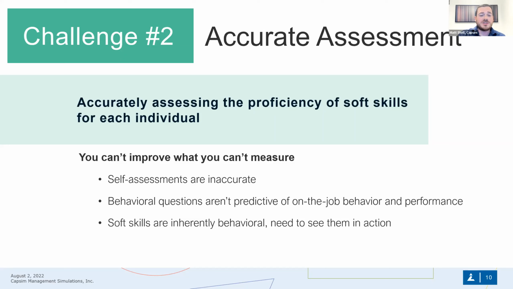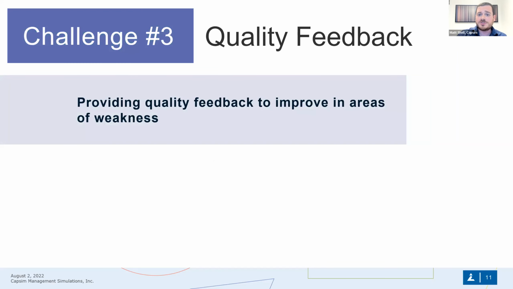But again, accurately assessing skills is only part of the puzzle. In order for development to take place after the assessment, you need to ensure that you're providing quality feedback to your learners as well. Which brings us right to challenge 3, in that you want to provide that accurate quality feedback so you can effectively improve areas that are in need of development.